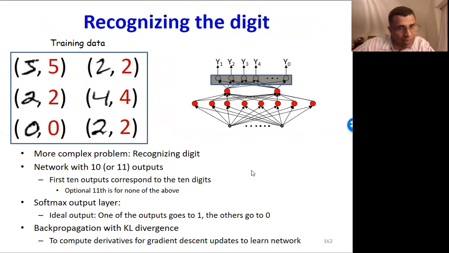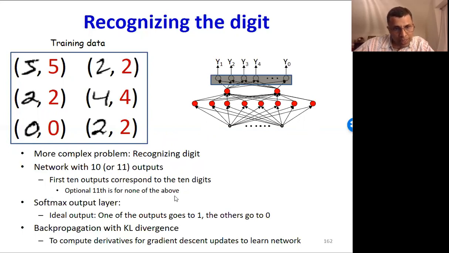If you had a multi-class classification problem, now the network is going to have multiple outputs, one representing each of the classes. So if this was a digit recognition task, the network would have 10 outputs if you were trying to recognize the digits 0 through 9. And if you wanted to have both 0 and O, then you would have 11 outputs. Or you could have an 11th output saying none of the above. Either way, we'd have a network with many outputs.